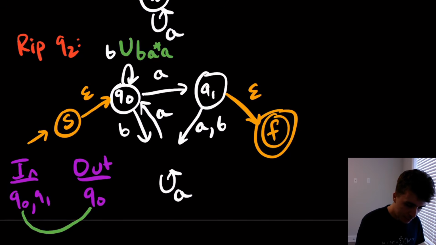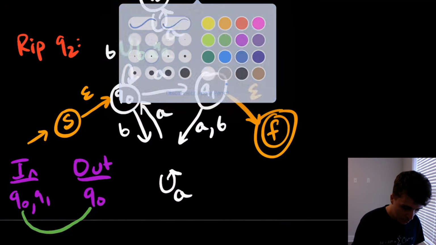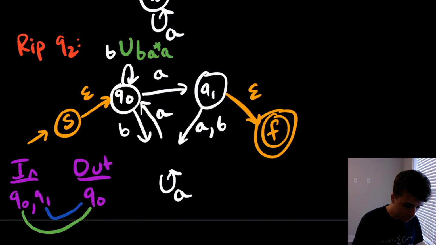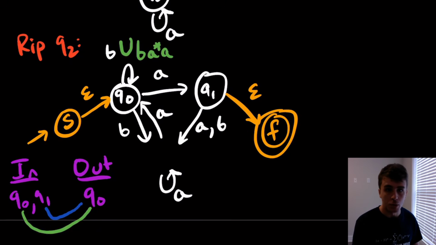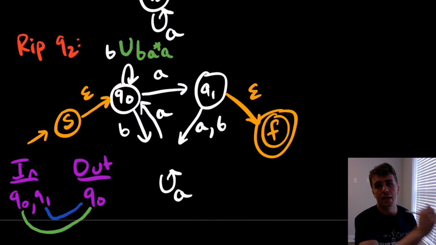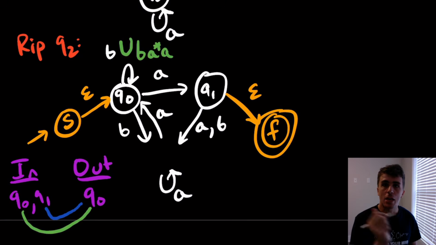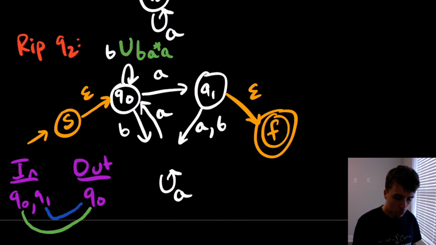Okay, so now let's handle the Q1 to Q0 transition. Here, we need to figure out, how did Q1 go into Q2? Well, it had A comma B. What is that? That's A union B. So A union B is how we got into Q2. So what are we going to actually do here?